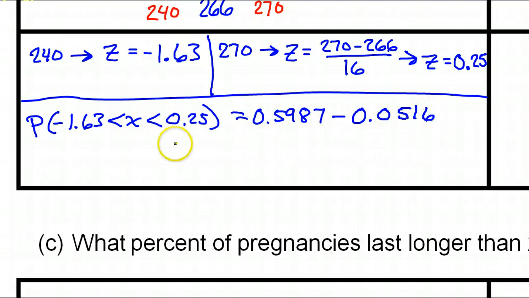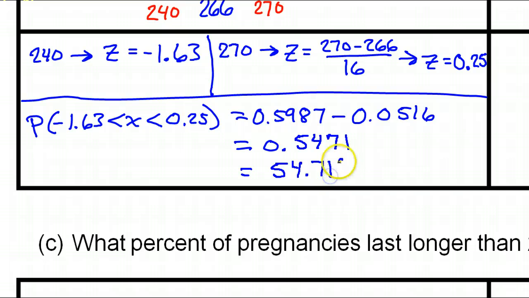So just put that in your calculator, guys. And I am getting 0.5471. And of course, this is the same as 54.71%, which is really going to wind up being the answer to the question.